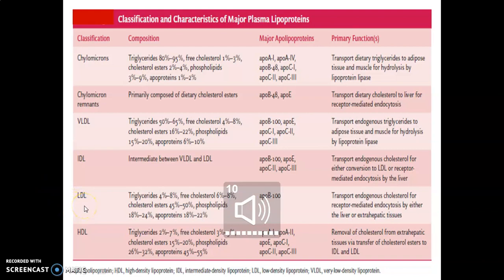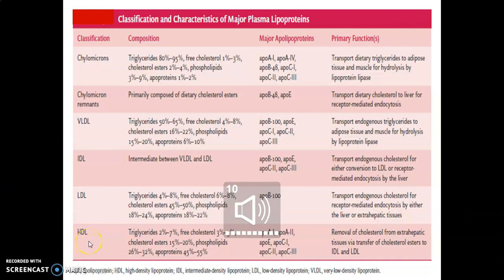Next is LDL, the low density lipoprotein. It is composed of triglyceride, free cholesterol, cholesterol ester, phospholipid, and apoprotein, and is used to transport endogenous cholesterol for receptor mediated endocytosis by either the liver or extrahepatic tissues.